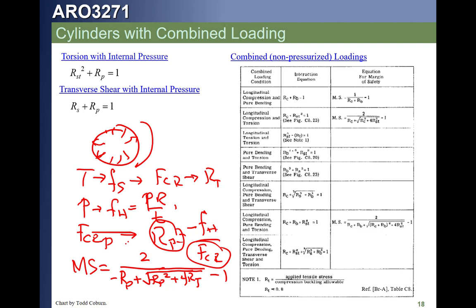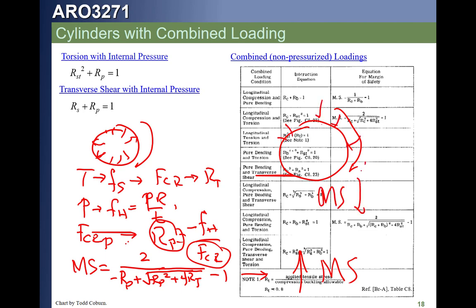What that's going to do is have a stiffening effect, and it's going to increase your margin of safety. So what we see is if we have any kind of loading like torsion coupled with crush pressure, our margin of safety will be smaller than the torsion margin of safety. But if we have that torsion stability margin with a burst pressure, then that burst pressure will cause our margin of safety to be increased relative to what it was just for torsion. We're going to see that some more when we look at our curved panels in a little bit.